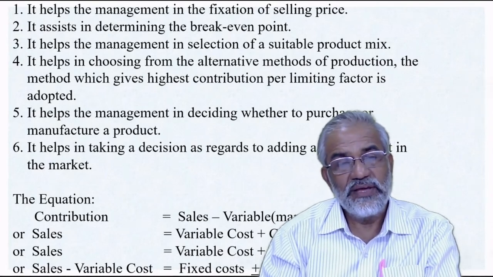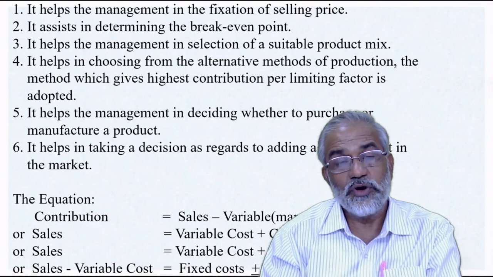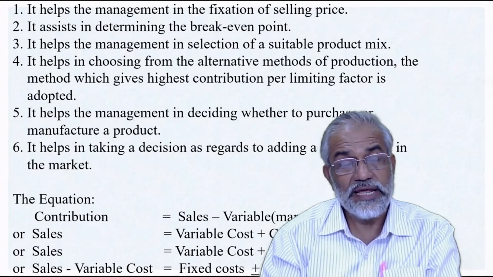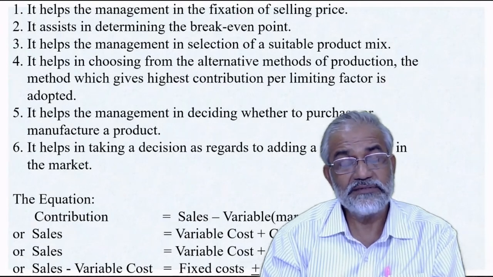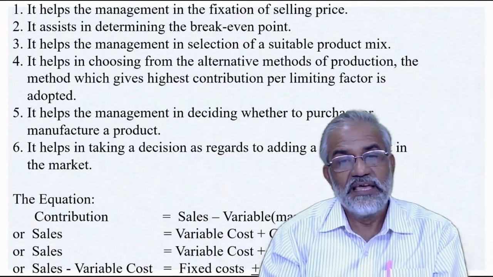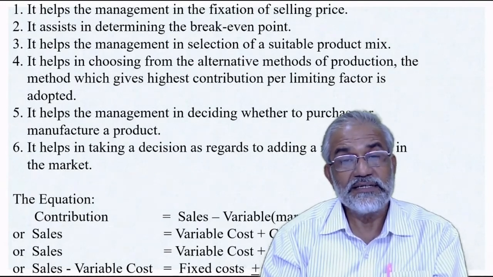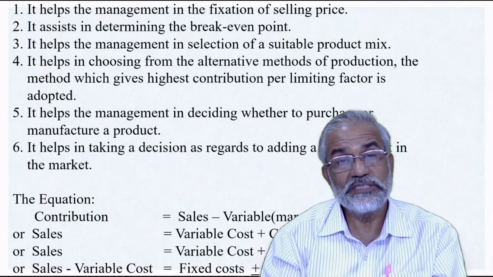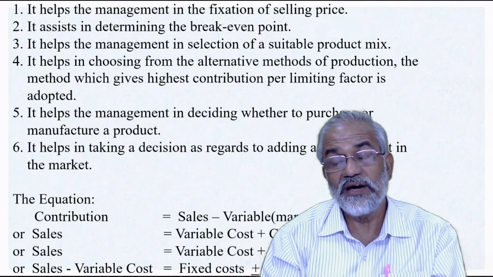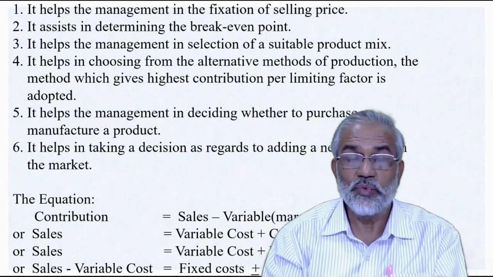When there is a TV manufacturing unit and the TV is being produced, we can consider whether to produce its cabinet in our own organization, or buy the cabinet from other organizations, from outside firms. In that case, contribution also helps a lot in taking a decision whether the organization manufacturing the TV will purchase the cabinet from outside firms as per its specification, or produce the cabinet in its own organization.